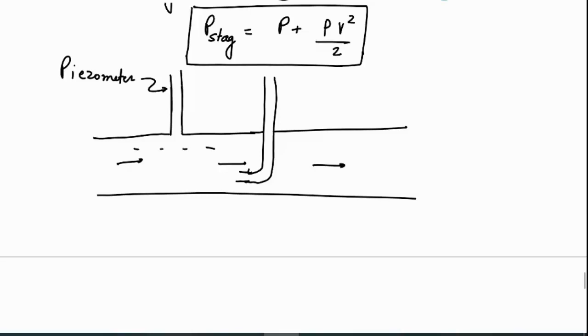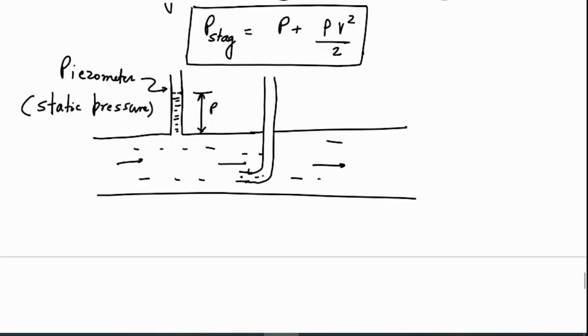In this case, water is flowing and will rise up to a certain height. Let's call this height P. This is your static pressure, so the piezometer is measuring a static pressure.